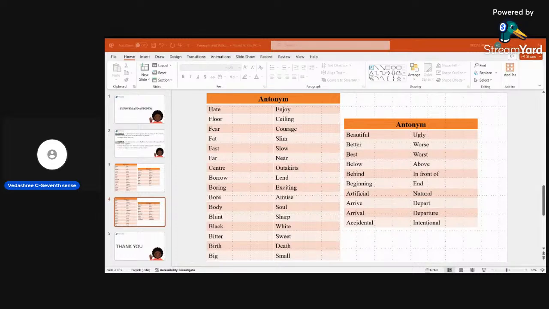Okay, in the afternoon session, we'll discuss data interpretation. Data interpretation is based on chart problems. Then square root and cube root. Is it asked in PGCET, square root and cube root?